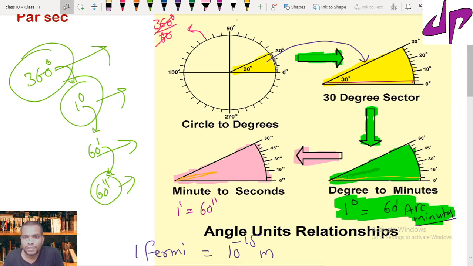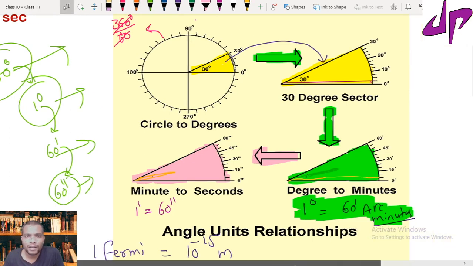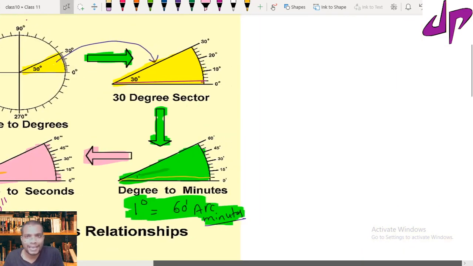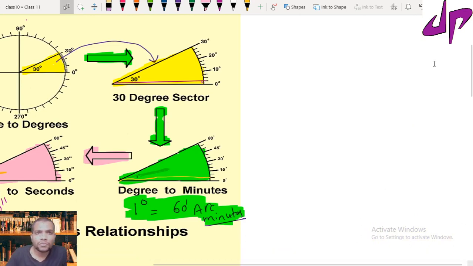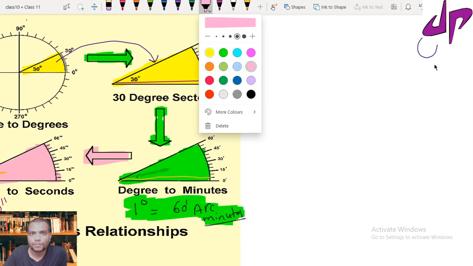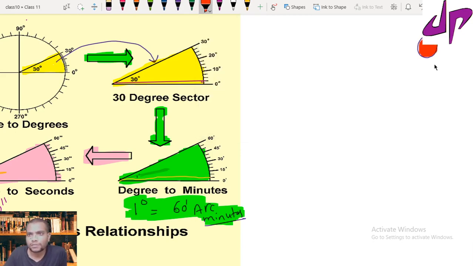Now from this knowledge I got it that 1 second is an angle. So that angle we used to define. Suppose I am having an object here. Let this object be the sun, and we have one more object, the earth.